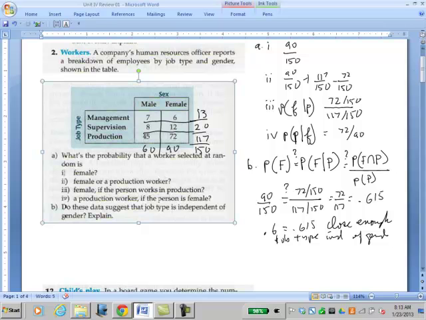Female or production: the probability of female or production equals the probability of female plus the probability of production minus the probability of female and production. That's the general law of addition.